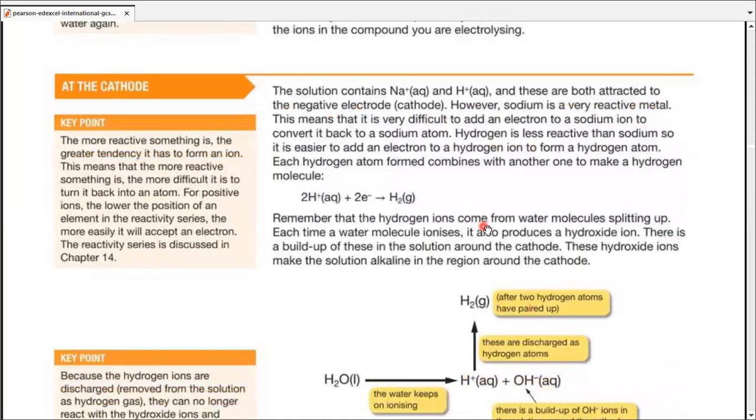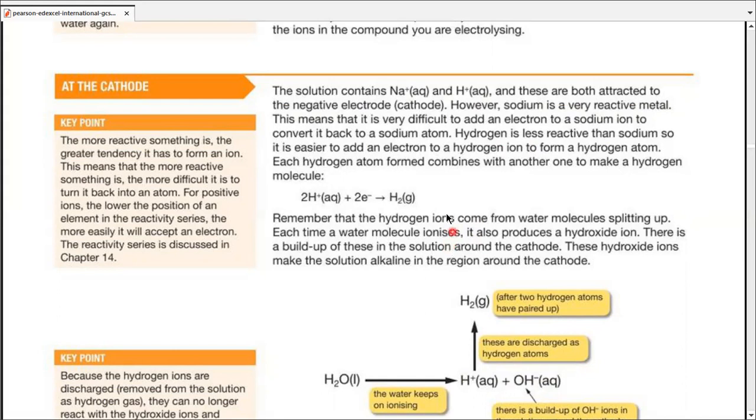Now, there are a couple of rules that we need to keep in mind before we discuss what happens at the cathode or what happens at the anode. Remember, if there are two cations, there must be one more reactive than the other.